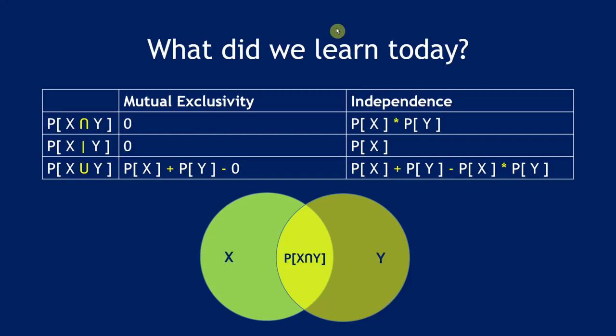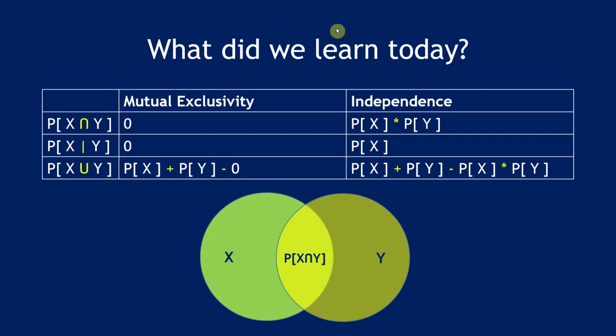When we look at the union, for mutually exclusive events, the union will be just the two probabilities added up together: the probability of X and the probability of Y added up together. There's no intersection, so it'll be minus 0, or nothing.